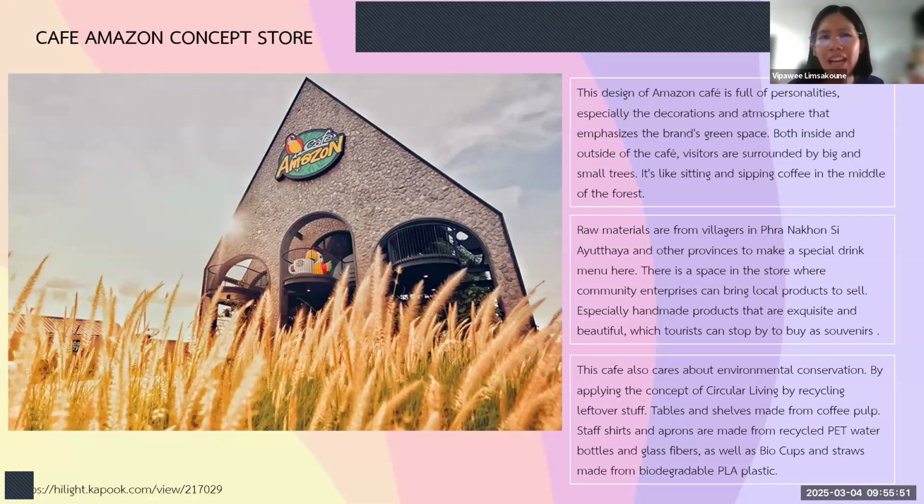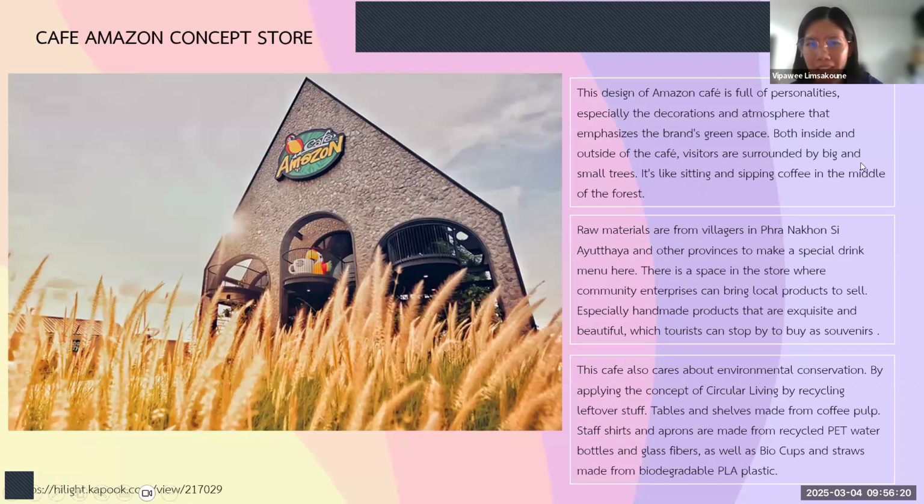It's still central Thailand, but toward the north. You need to get the train or drive up from Bangkok to Ayutthaya. I have been there, but a very long time ago. The design of the cafe is full of personality, especially the decoration and atmosphere that emphasize the brand's green space, both inside and outside. You can see the outside.